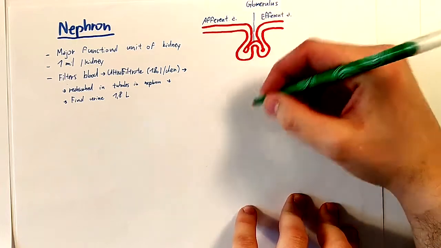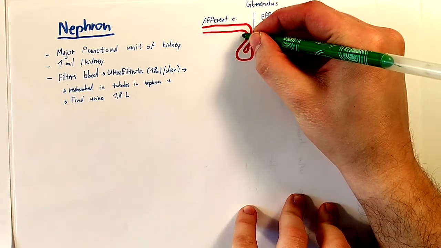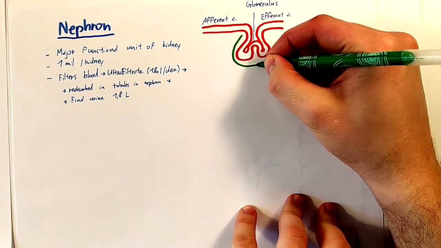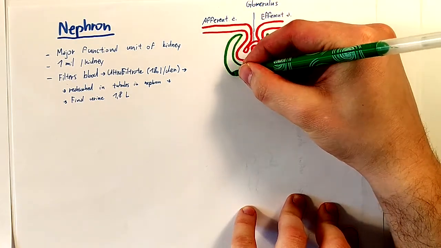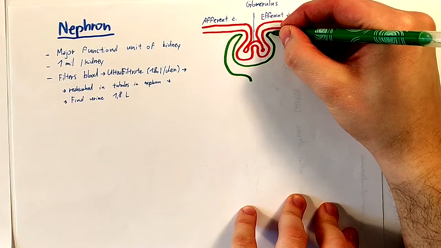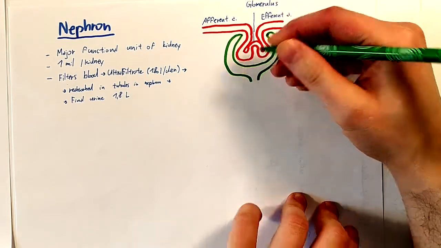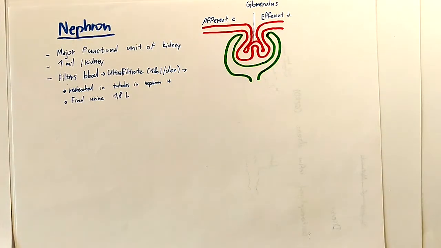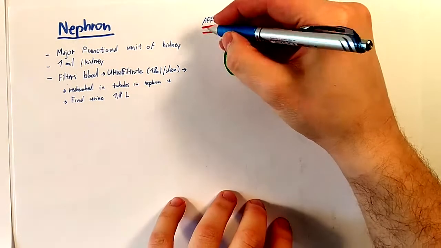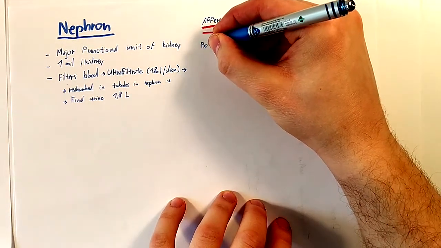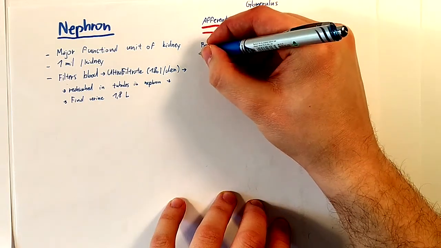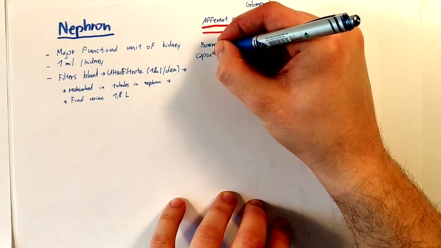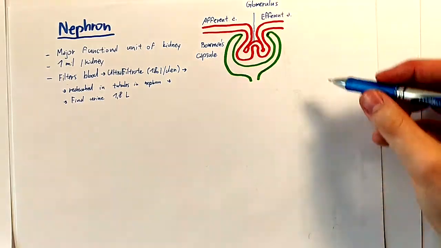So now I'm going to draw the first part of the nephron, and that will be the Bowman's capsule. Okay, so this is Bowman's capsule. And what happens here?